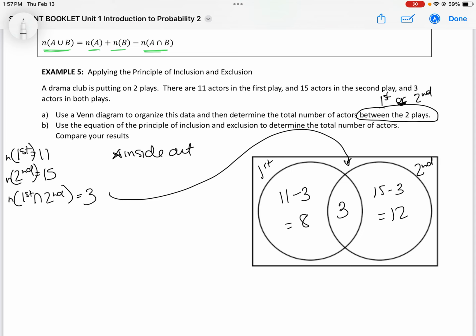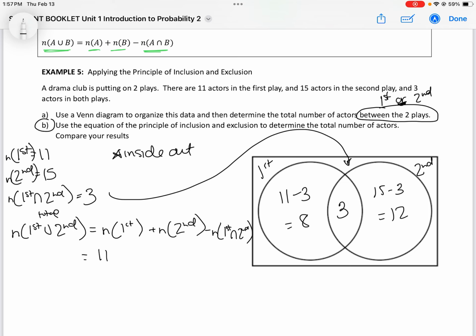Now, we can do that using a Venn diagram, or for B, we can use the principle of inclusion and exclusion, okay? And then we're going to compare our results. So the number in the first or the second, that's like saying the total in both of those circles, is going to be the number in the first plus the number in the second minus the number in the first and second.